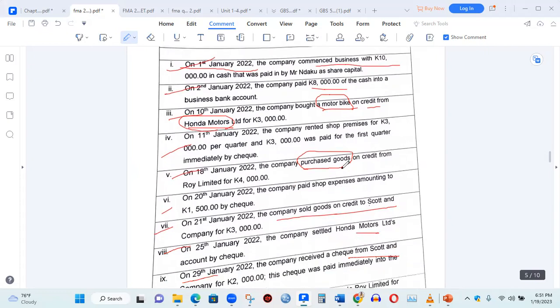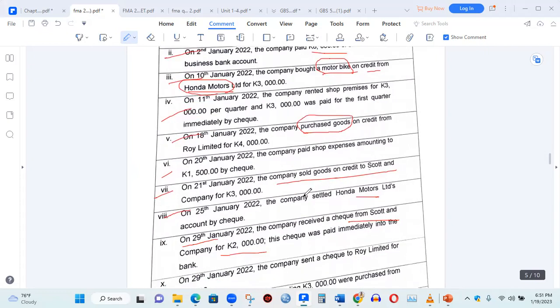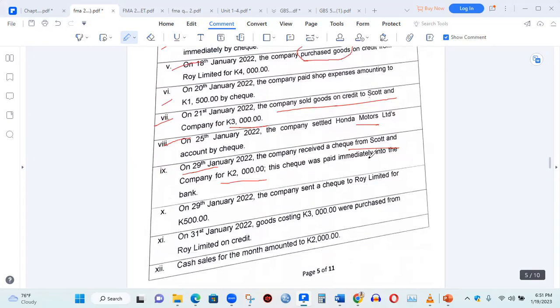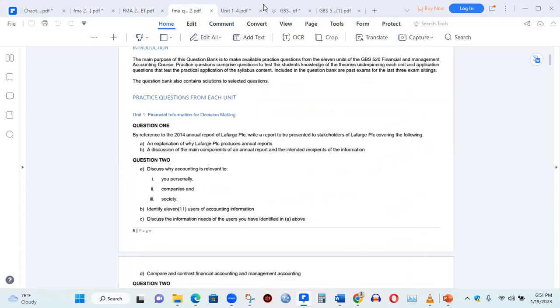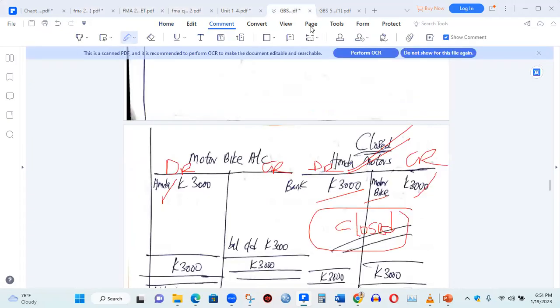From here we can see to Scott we sold 3,000, but we only received 2,000 from him. So now we need to check what was actually there.